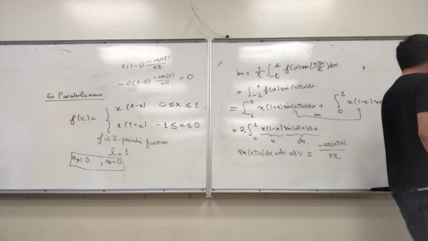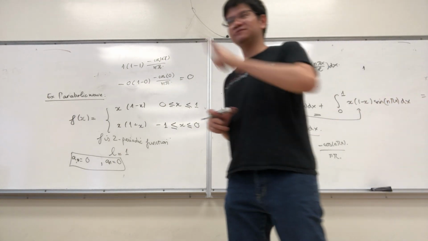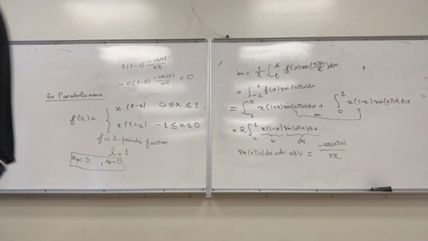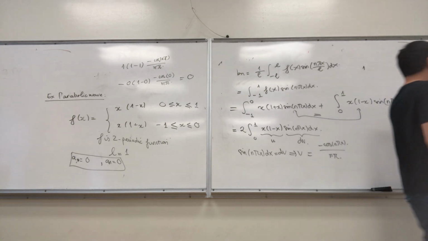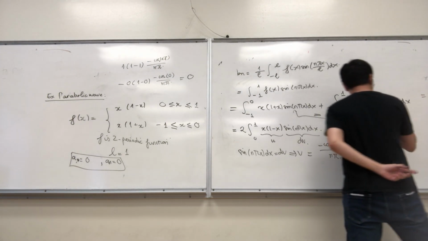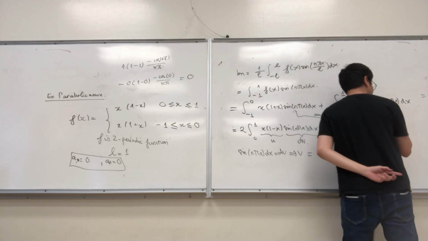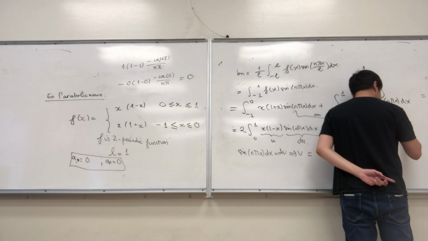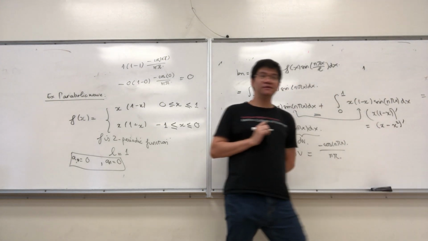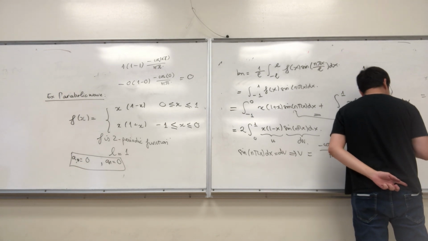Now for the second part, what is d of x times 1 minus x? Yes? Yes, sorry? Yes, can you say it at the back of the paper, please? So the derivative of x times 1 minus x is the derivative of x minus x squared. All right? So this gives you 1 minus 2x. All right?